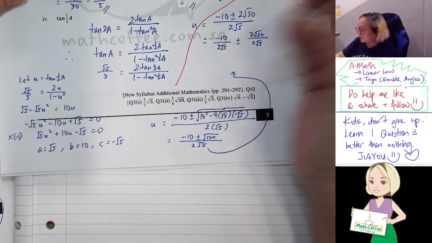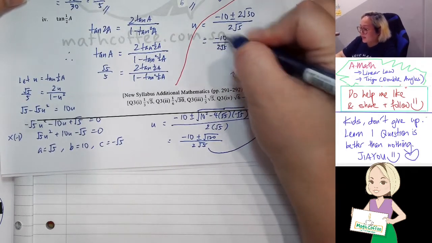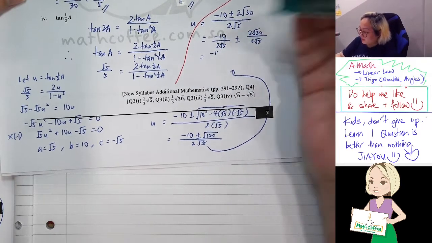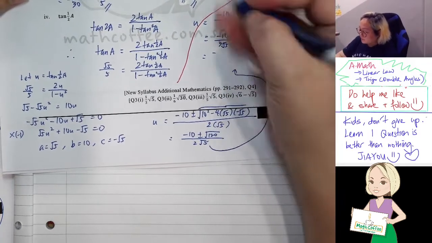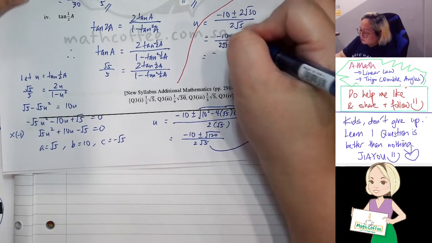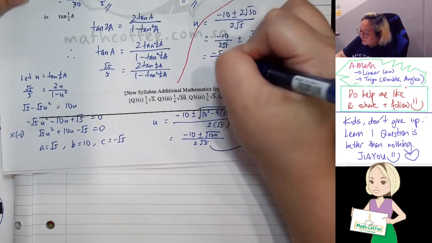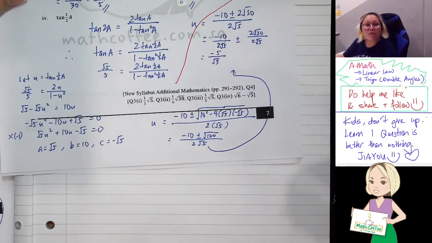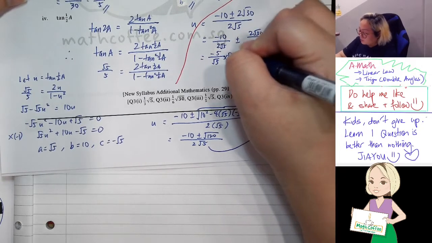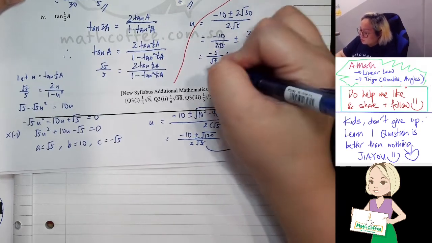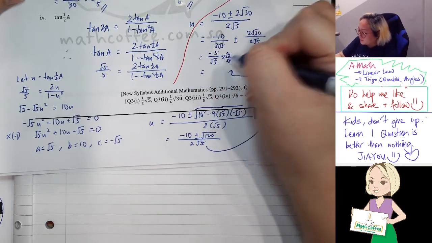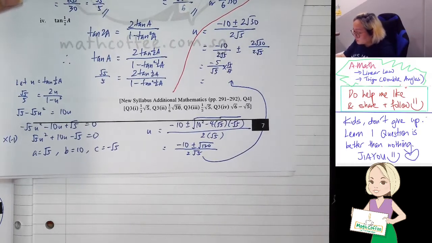I split. So on this side, 10 and 2 can simplify, so divide by 2, I get 5, and then this one is square root 5. I need to rationalize it. So times square root 5 over square root 5. Wait, I wrote until I'm very confused already.